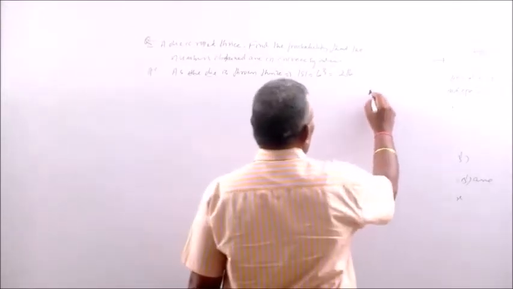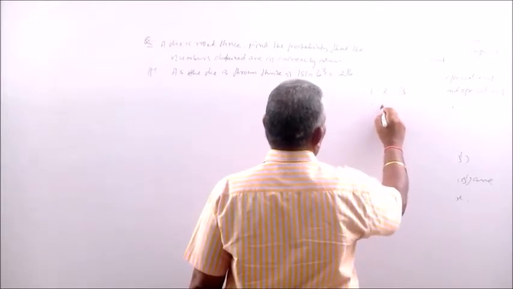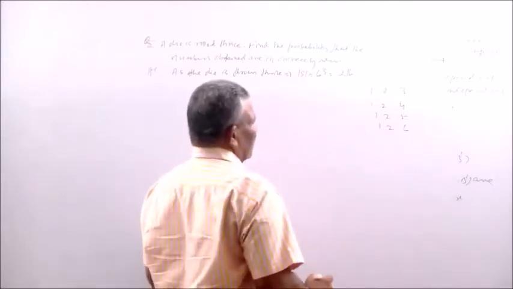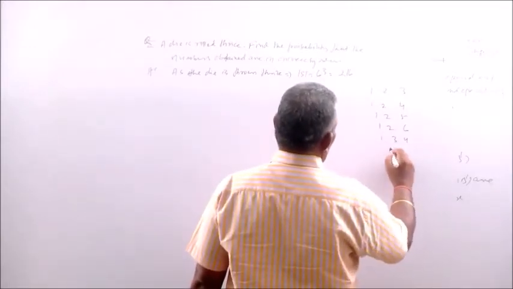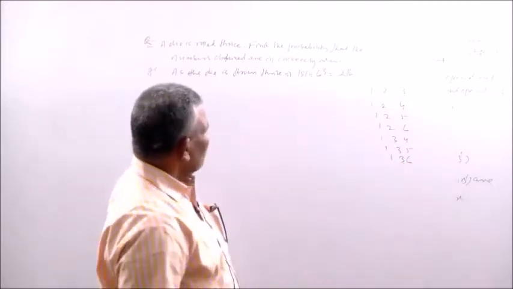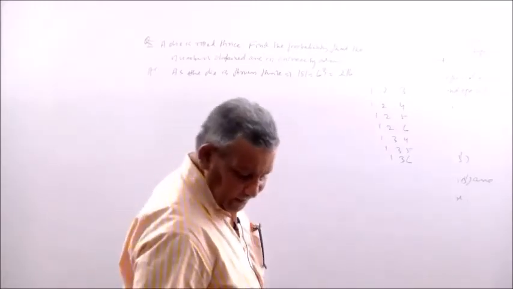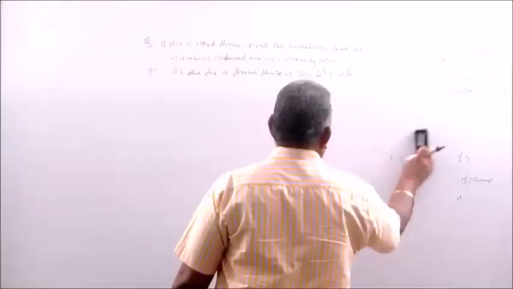That means you can take 1, 2, 3, 1, 2, 4, 1, 2, 5, 1, 2, 6. Similarly, you can take 1, 3, 4, 1, 3, 5, 1, 3, 6, like this. So it is a very lengthy process if we write it like this, so there is another way of solving this problem.